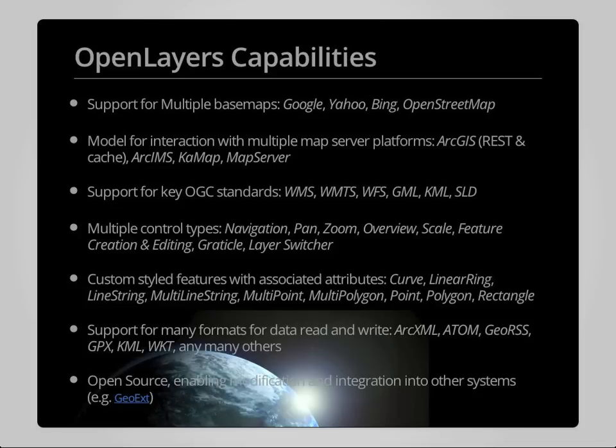Examples of some of these map server platforms include ArcGIS, which includes capabilities for using the ArcGIS REST web service interfaces, and also ArcGIS caches for accessing data that have been pre-processed into an ArcGIS cache for delivery over the internet.